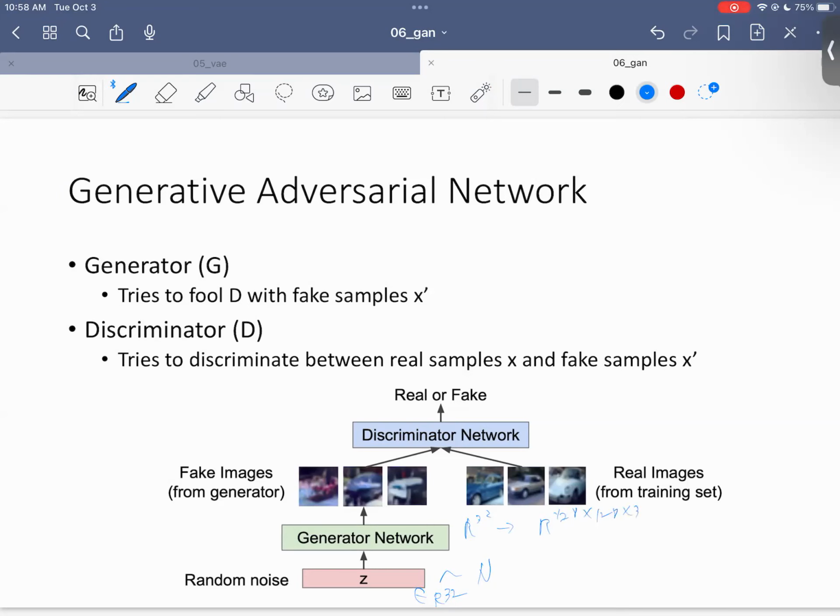So, a medium resolution image. That's all the generator does. There's no probability or anything involved here.